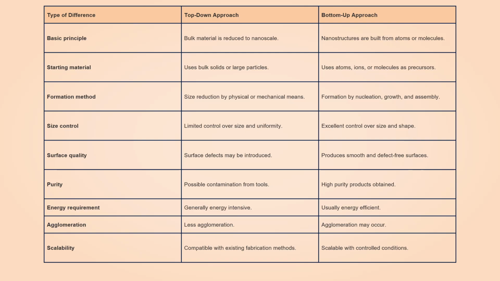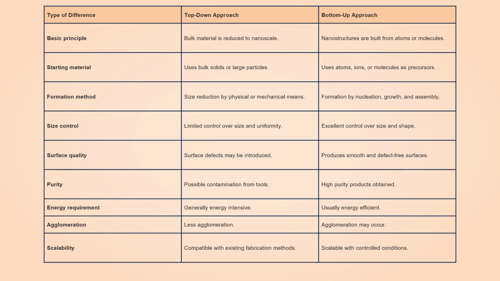On the other hand, the bottom-up approach is more material efficient and usually produces nanomaterials with high purity and very few defects. It enables the formation of complex and hierarchical nanostructures which are difficult to achieve using top-down methods. However, there are a few challenges: nanoparticle agglomeration, strict control of reaction conditions, and reproducibility must be carefully managed.